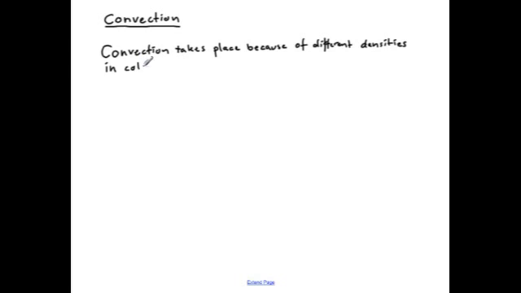So if a substance is hot, it's going to be less dense, and if the substance is cold, it's going to be more dense. I'm soon going to explain exactly what I mean.